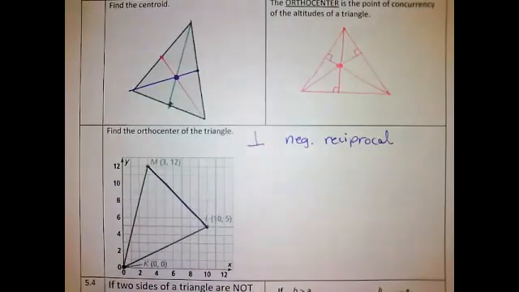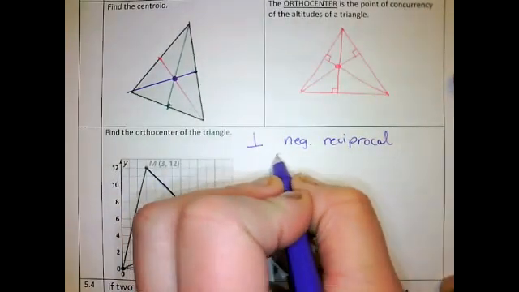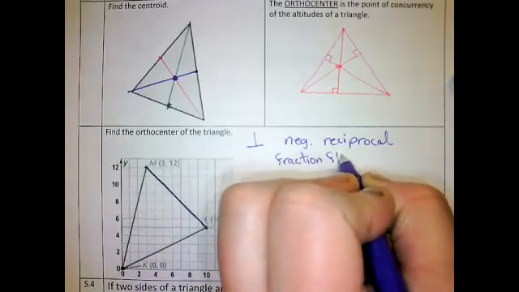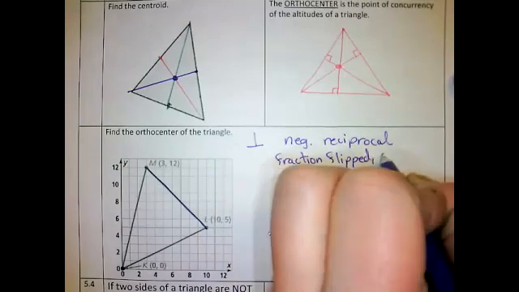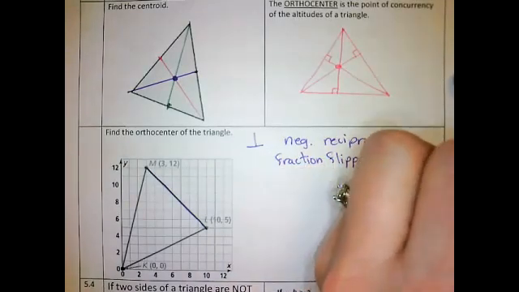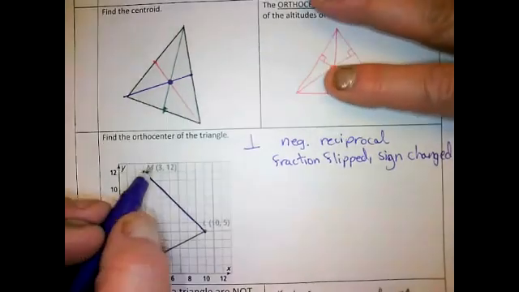So what that means is that the fraction is flipped and the sign on the entire fraction is changed. It doesn't matter if there's a negative sign in the bottom or the top, that entire fraction sign has changed. So let's go on ahead and take a look at this.